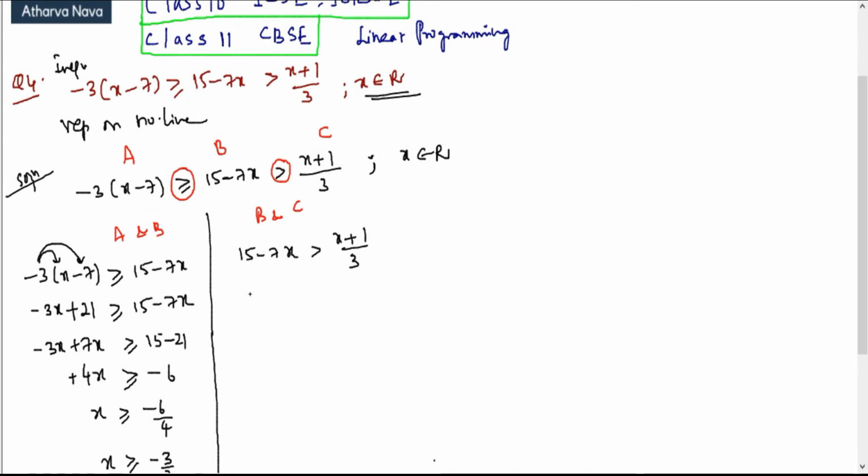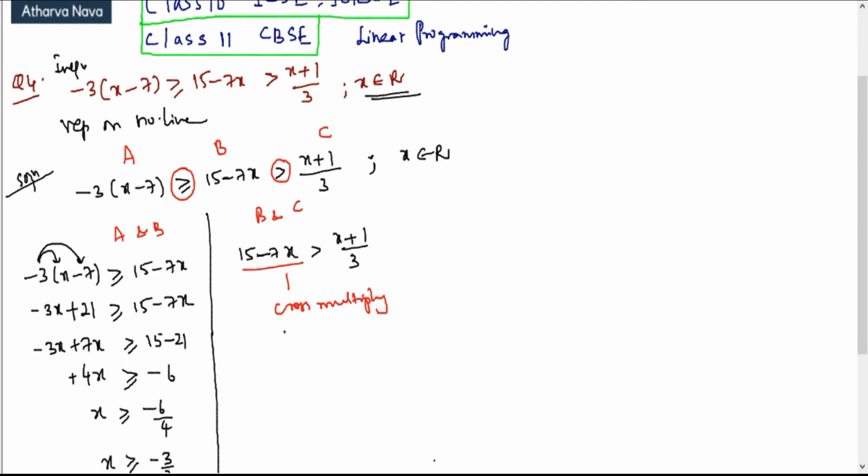You will write this as 15 minus 7x greater than (x plus 1)/3. Now you have to be very careful here. Since I have 3 as the denominator, just bring the 3 here and multiply. Or the other way of saying this, I can write it as x plus 1 over 1, and cross multiply. What will happen?